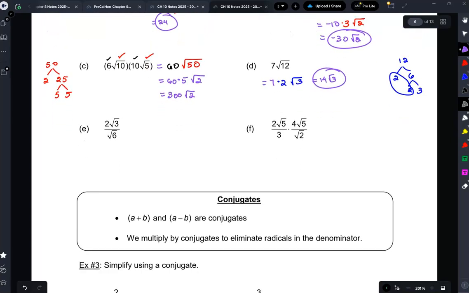Okay. So take a look at this one. The 2 is outside, and then I have root over root. Root 3 is simplified. Root 6 is simplified. It seems like I can't do anything, but I can. What can I do if they're separate?